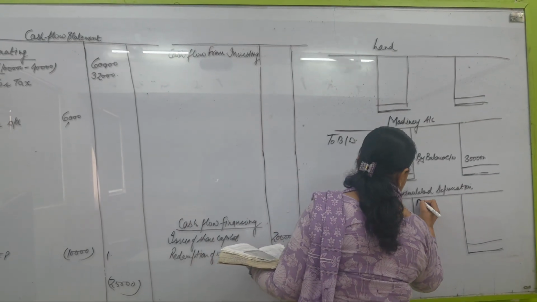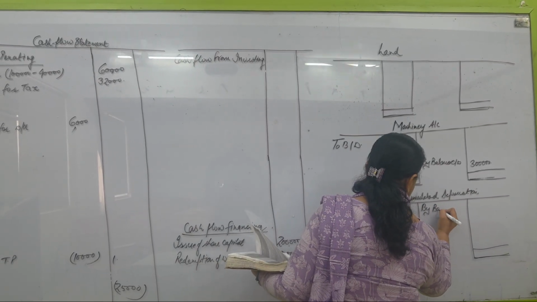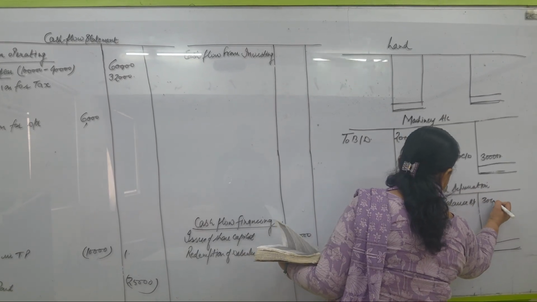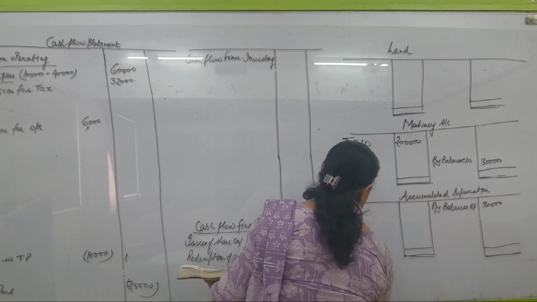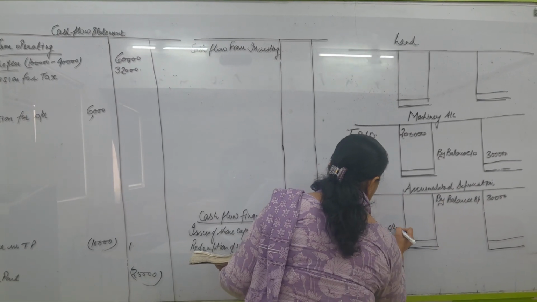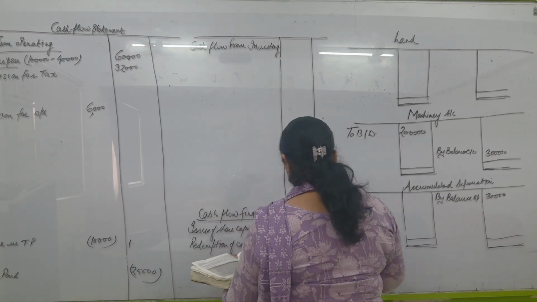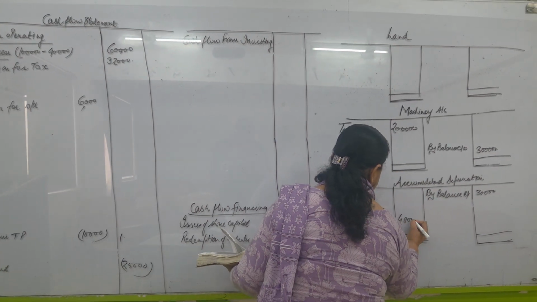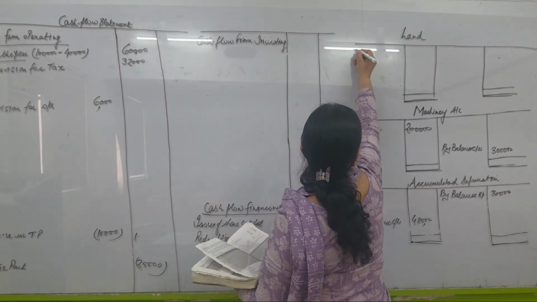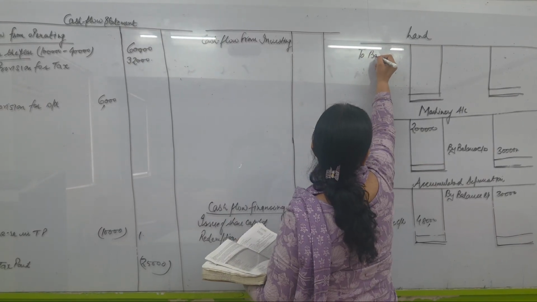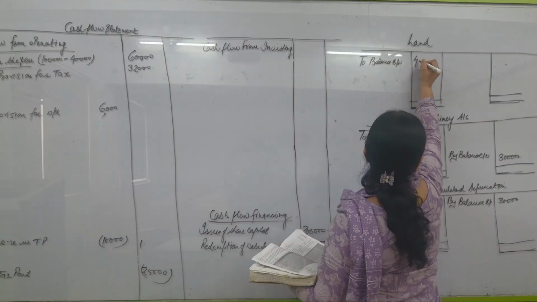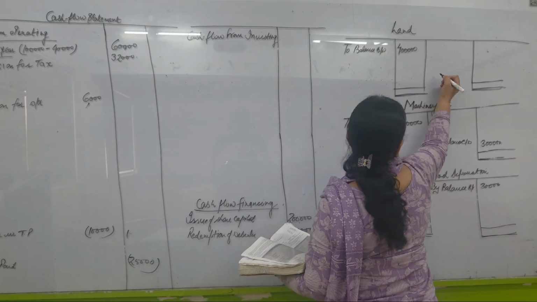Accumulated depreciation, by balance b/d and closing to balance c/d 48,000. Land, opening 4 lakh and closing 3,50,000.